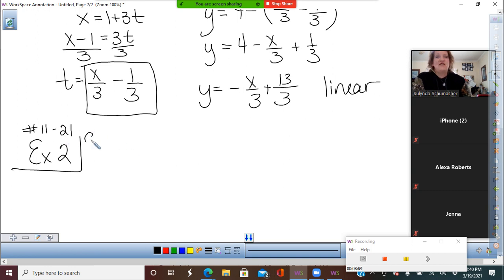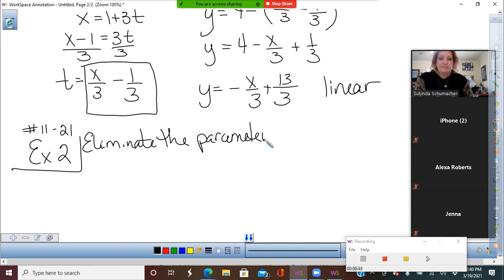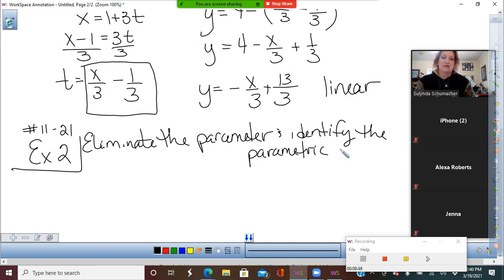The directions say to eliminate the parameter, so get rid of t, and identify the parametric curve. So it just wants to know what the equation is actually representing. Is it a line? Is it a parabola? Is it a cubic function? Is it a circle? What is it?